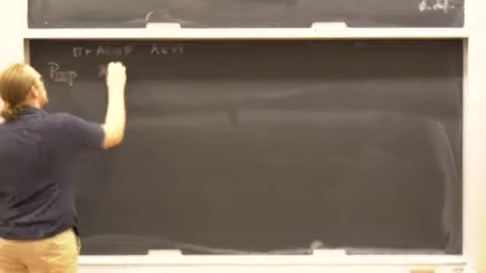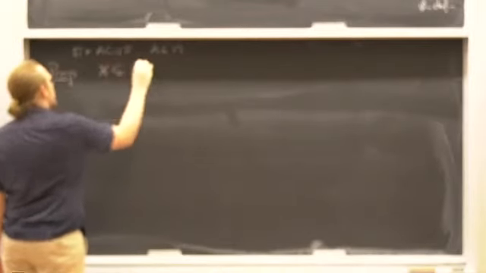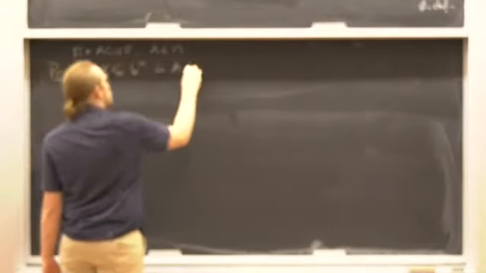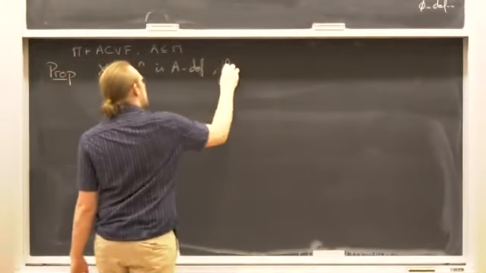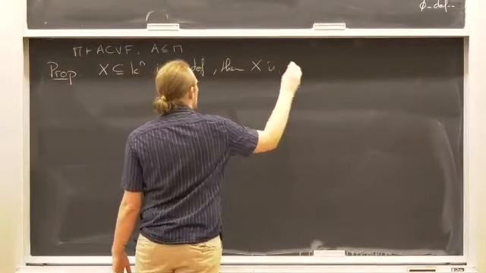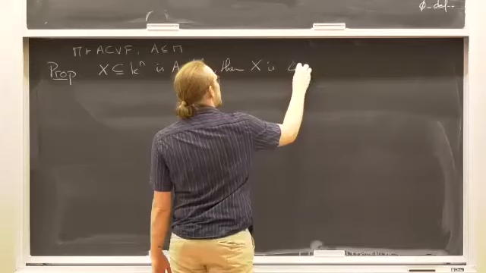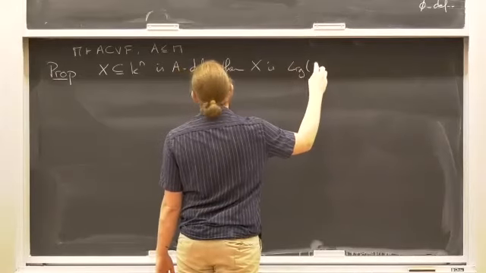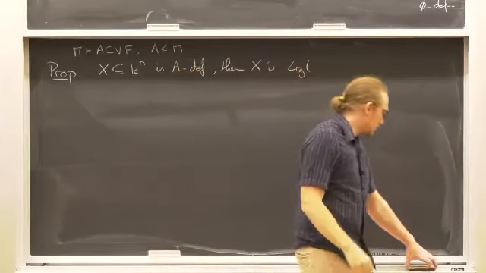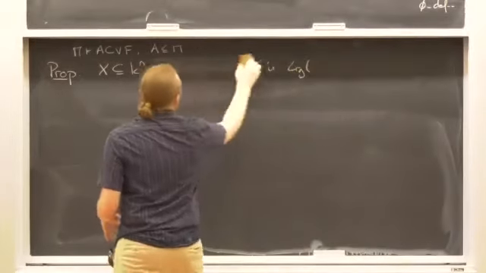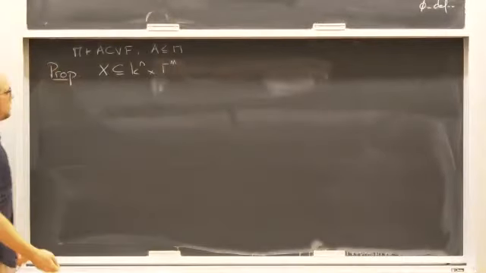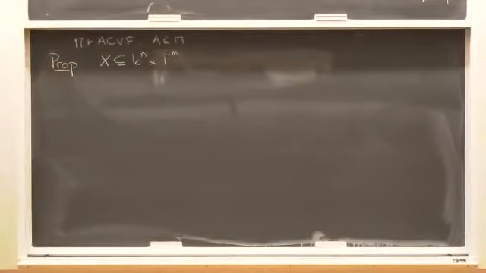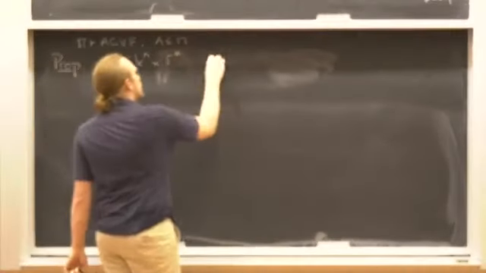If X inside of K to the N is A-definable, then X is... actually, let me write only one proposition. Let's take the most complicated case. Let's take something that lives in K cross gamma, is A-definable.